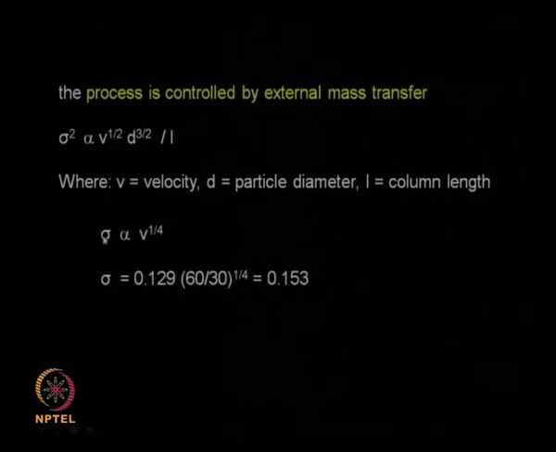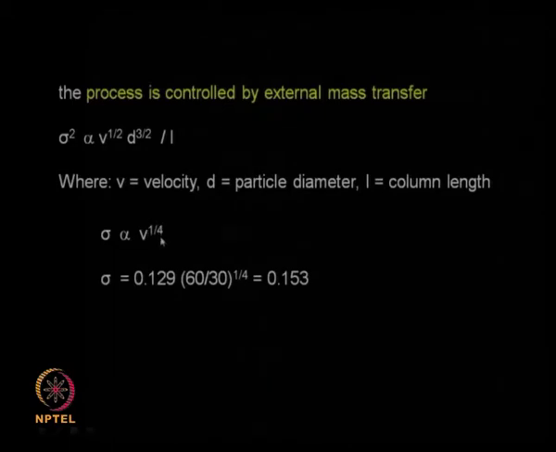So here it is slightly different: sigma is proportional to v raised to the power 1 by 4, whereas if it is pore diffusion, sigma is proportional to v raised to the power half.